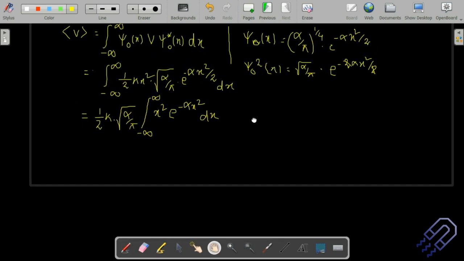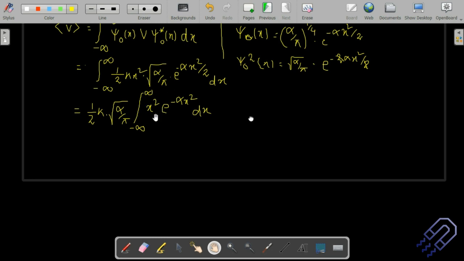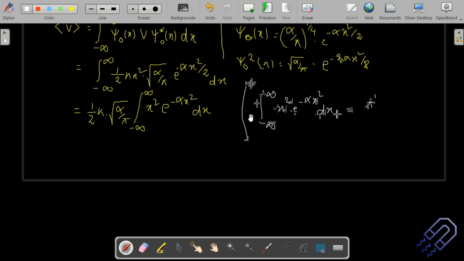This result is actually a standard integral, and the result, I think we have discussed it once before, but then this is important, and let's try to remember this. Minus infinity to plus infinity x square e to the power minus alpha x square dx is equal to pi to the power half root pi divided by 2a to the power 3 by 2.